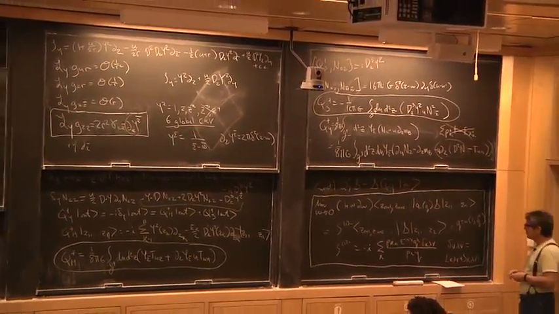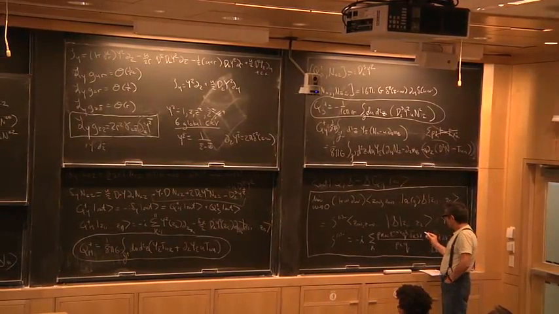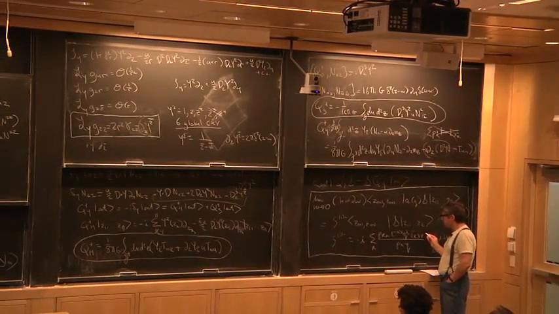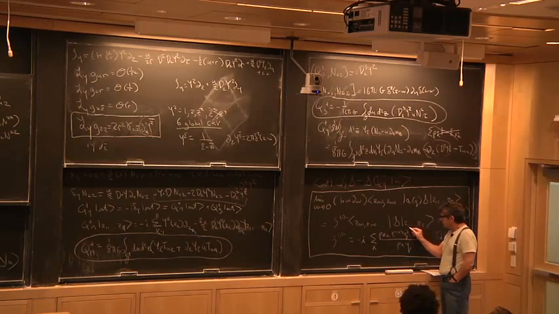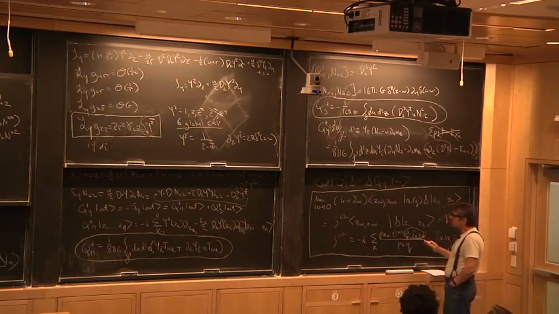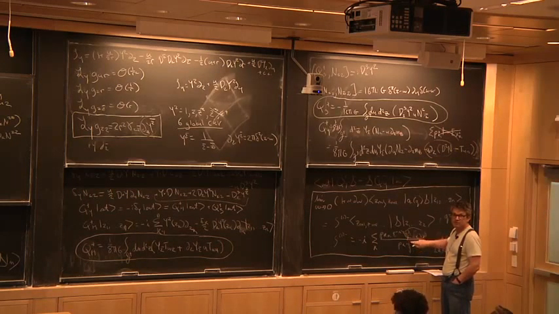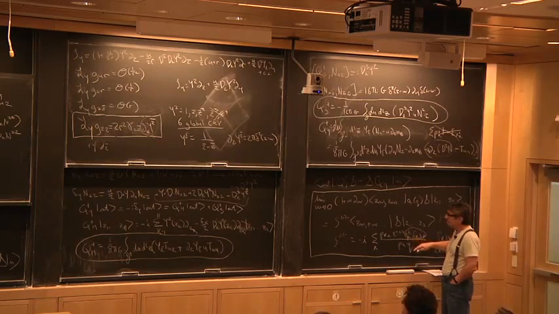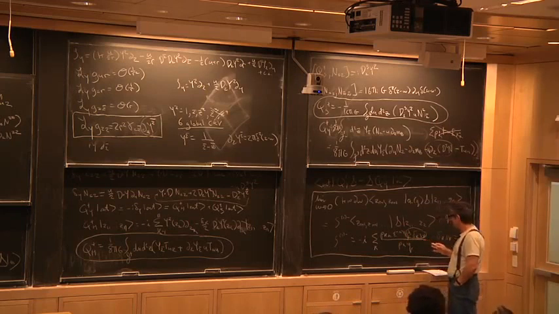Now, an important check on this. Well, let me say another word about the form of this soft factor. One important thing about this soft factor is notice now that we have a Q on the top and a Q on the bottom. So as we take omega to 0, this remains finite. So indeed, this limit as omega goes to 0 is good.